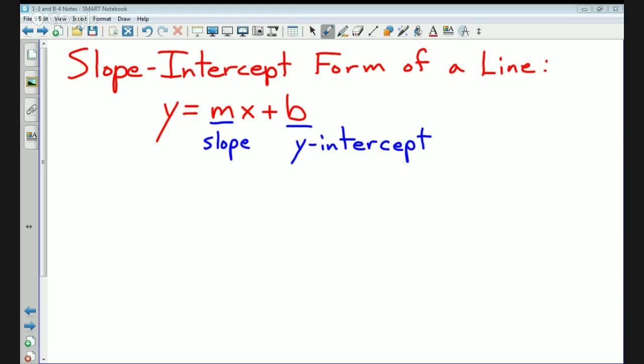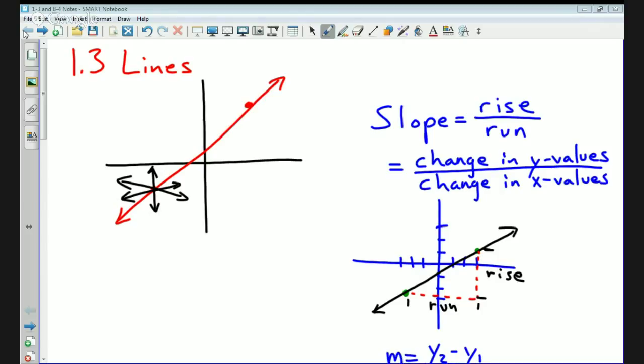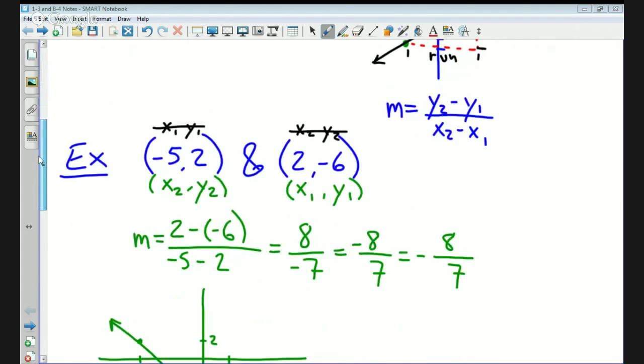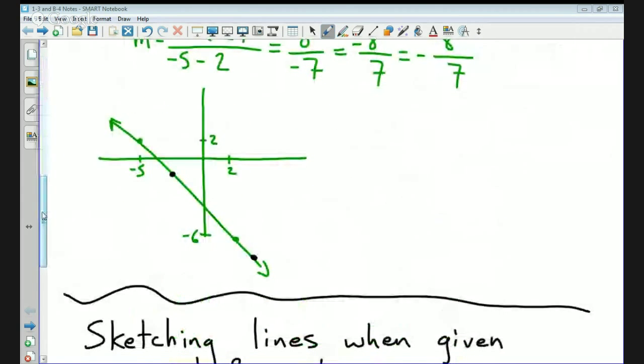Where does this line cross the y-axis? So if we look back here, for example, whatever y value that was right there, that is the y-intercept. That'd be your b value. Down here, that value there, that would be our y-intercept, where the line crosses the y-axis.